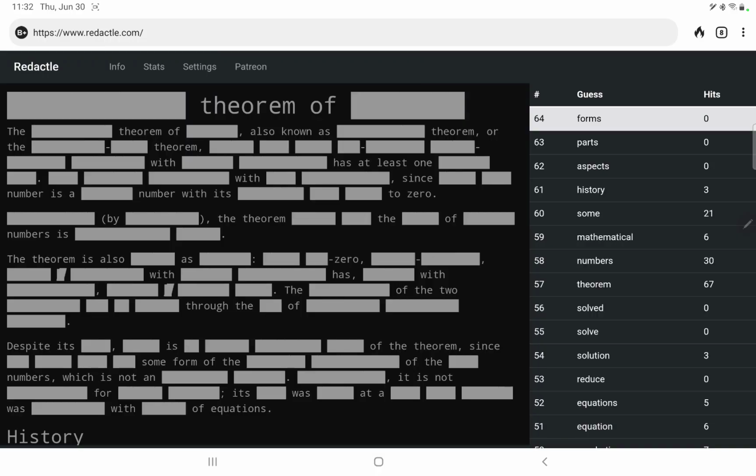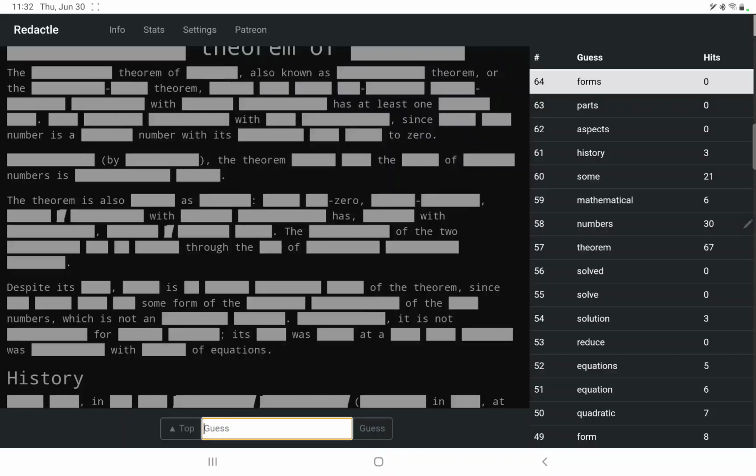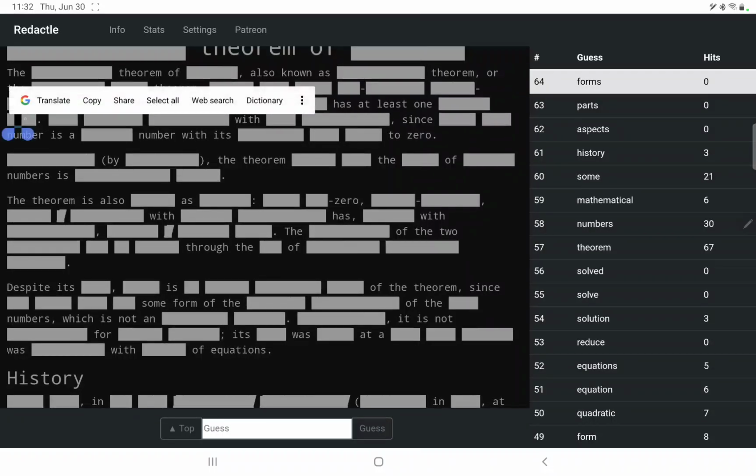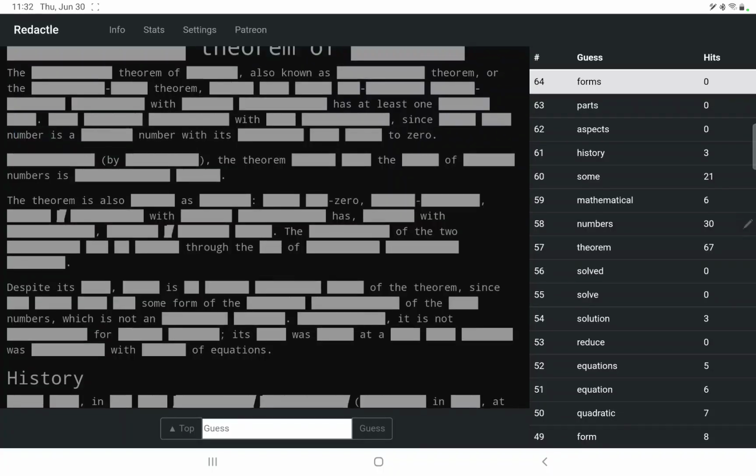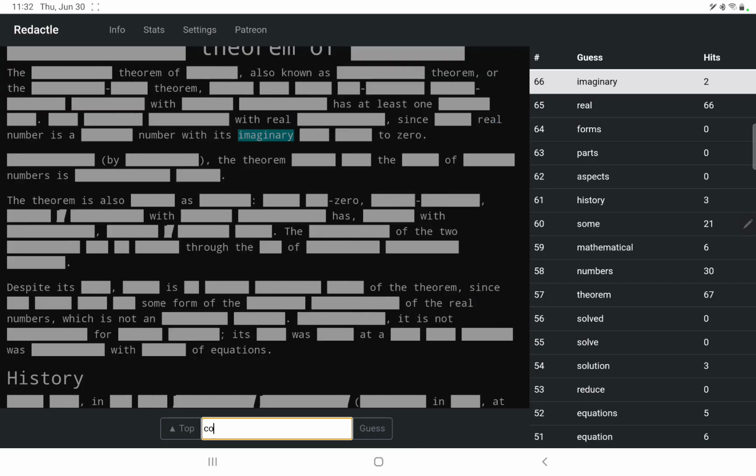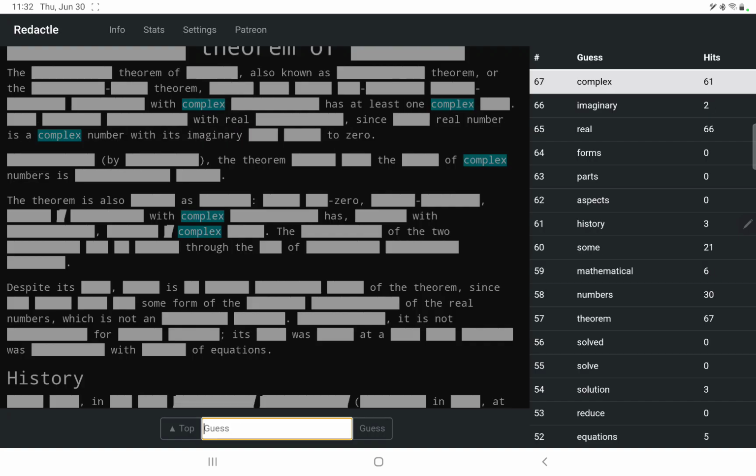Has at least one something, somethings with 4 letters. Is a something number. So let's see, we have the real numbers, and then we have imaginary, and we have complex numbers, right?